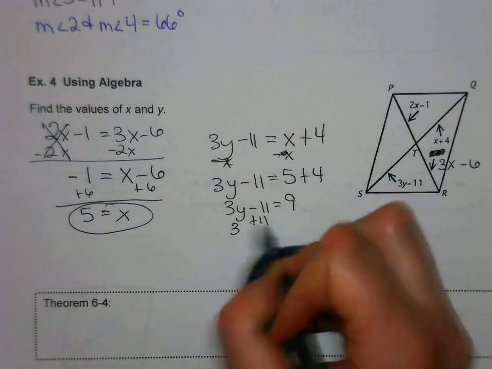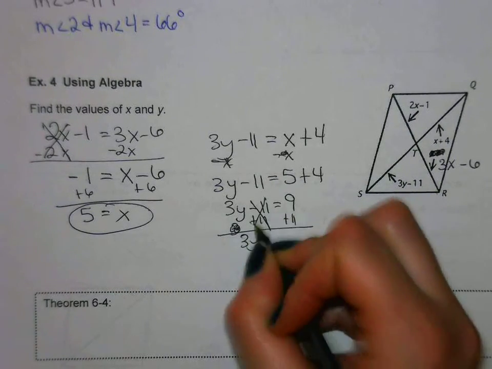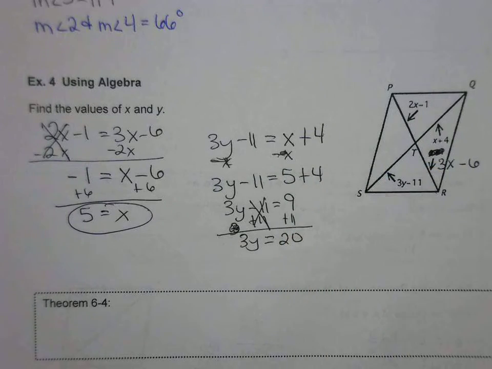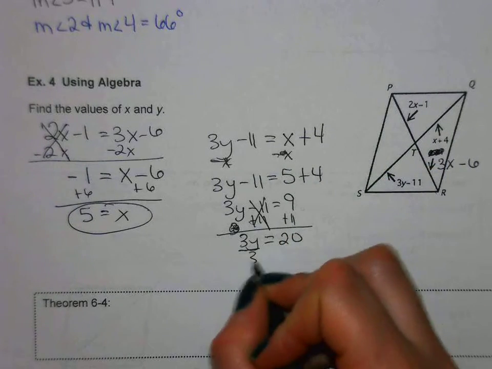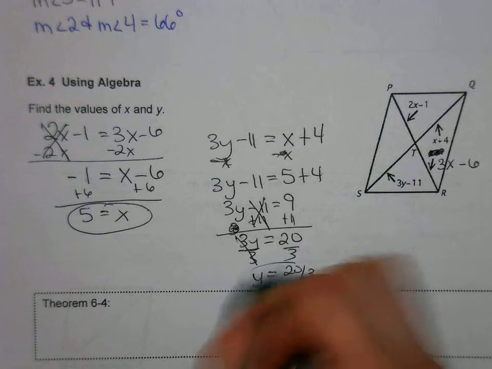And if we add 11 to both sides, negative 11 plus 11 is 0. 9 plus 11 is 20. So our last step would be to divide both sides by 3. So y equals 20 over 3.